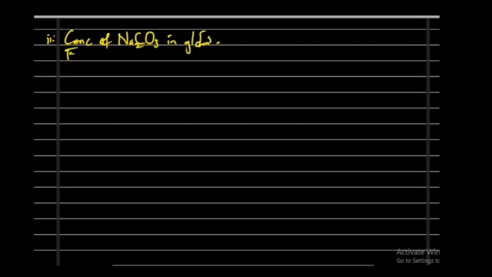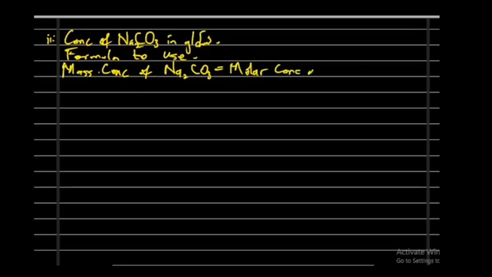So formula to use: we have mass concentration of sodium trioxocarbonate equals concentration of B, that's it, molar concentration of B times the molar mass of sodium trioxocarbonate.